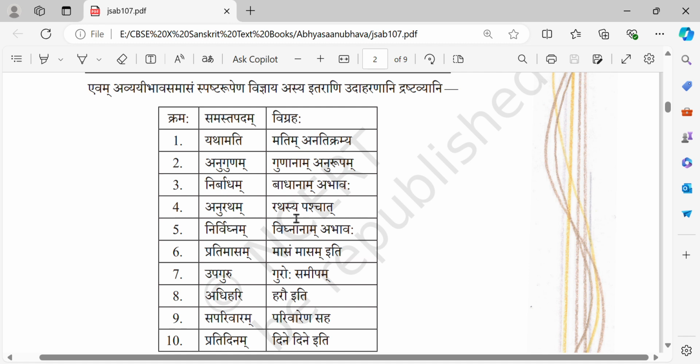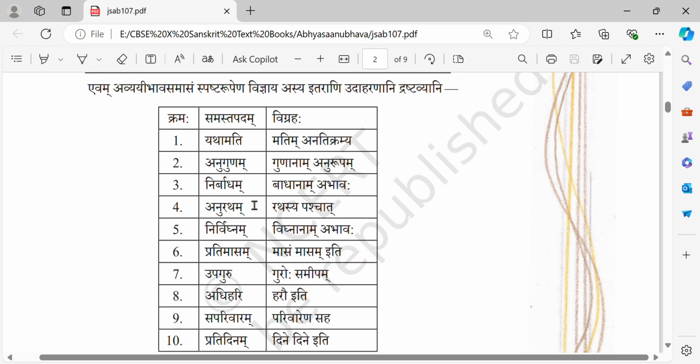Nirbhadam. Badhanam abhavaha. Whenever anu comes, it is used in two different ways. Ratasya paschat anuratham. Based on the meaning, you have to split the word. Ratasya paschat. Paschat means behind, behind the chariot. Whenever you have to split the word in the meaning of behind, then you have to put the word paschat.